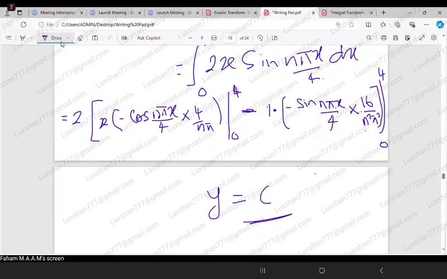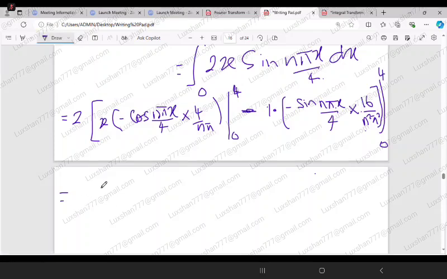So this is equal to, so if I put x equal 4, so then there is 4 here. If I put x equal 4, there is 4 here. So here, if I put x equal 4, 4 get cancelled. This is minus. So here I have 4, here I have 4, then there is 8. 8 into this one is 32.